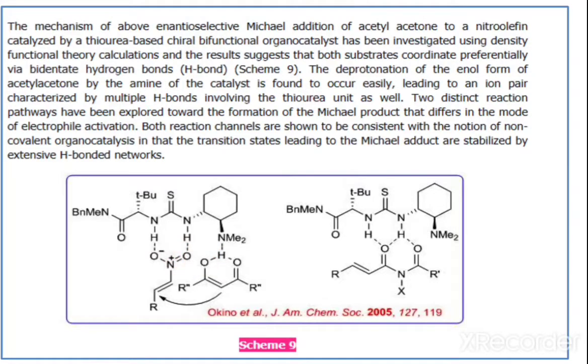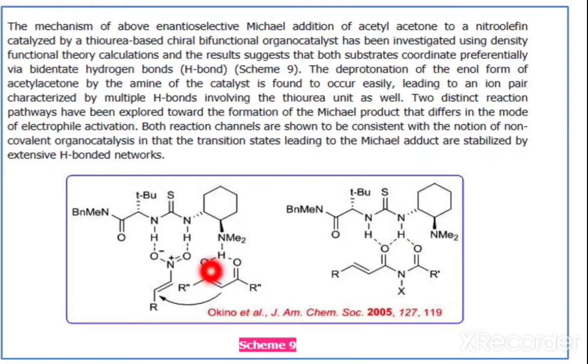Now two distinct reaction pathways have been explored toward the formation of the Michael product, and they differ in the mode of electrophile activation. Both the reaction channels are shown here, consistent with the notion of non-covalent organocatalysis, the transition states leading to the Michael adducts are stabilized by an extensive hydrogen bonded network.